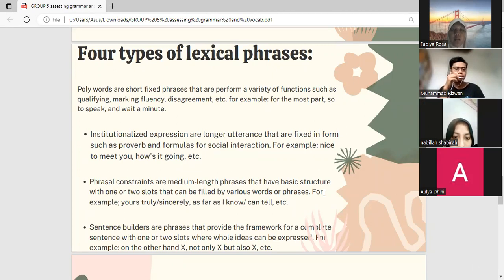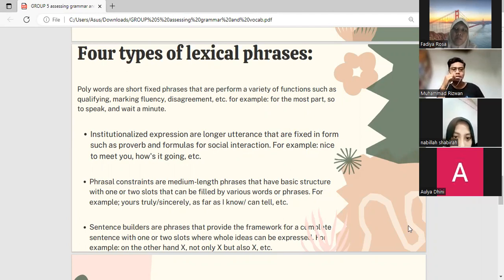For example, for the most part, so to speak, and wait a minute. Institutionalized expressions are longer utterances that are fixed in form, such as proverbs and formulas for social interaction. For example, nice to meet you, how is it going, and so on.